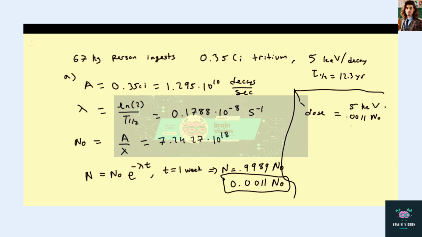We take this and divide it by the mass of the person, which is 67 kilograms. And this is the dose absorbed over the whole body. This works out to be 0.0951 joules per kilogram, or equivalently 9.51 rads. And that's our answer.